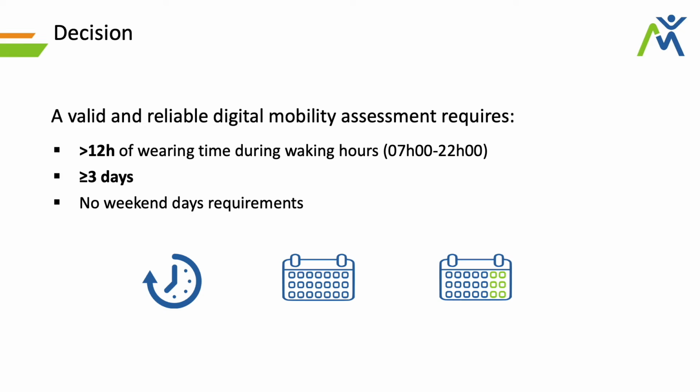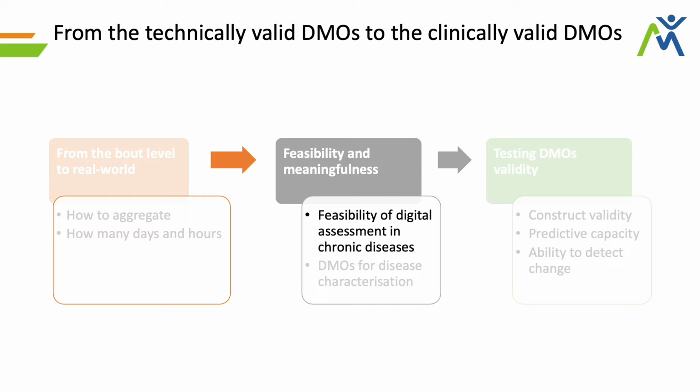And we ended with the decision of defining a valid and reliable mobility assessment as at least 12 hours of wearing time during waking hours, during 3 or more days in a week without weekend requirements. Then, once we have one value per DMO and per patient and visit, and before or in addition of testing the validity, we need to test whether this digital mobility assessment is feasible at all.